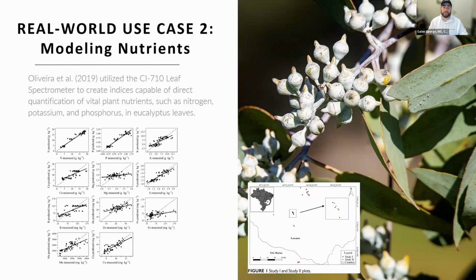A little bit more of a common use case, but still more on the cutting edge, I would say, of things, is a study from 2019 in which this group was modeling nutrients in eucalyptus leaves. They were able to use this spectrometer specifically to create indices that could directly quantify vital plant nutrients.